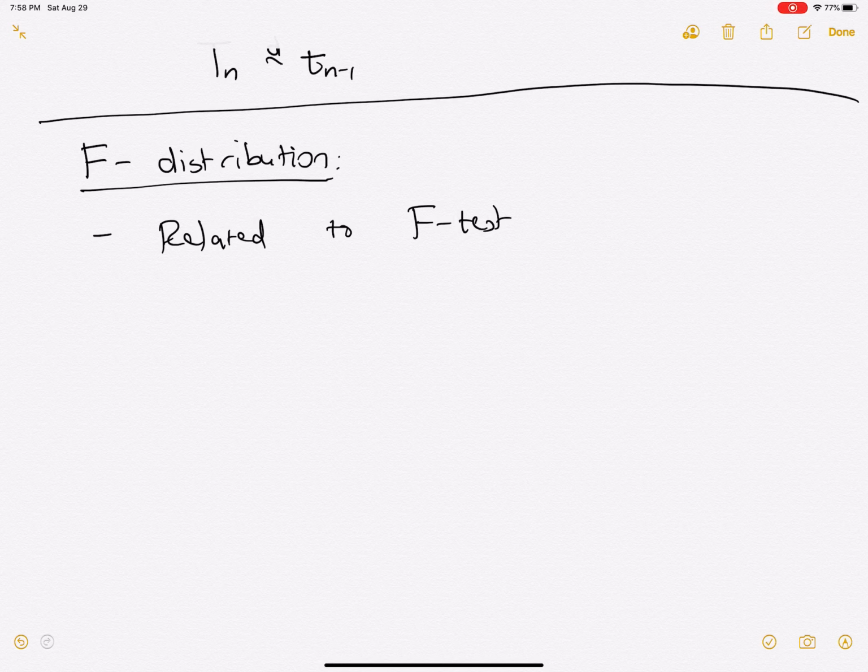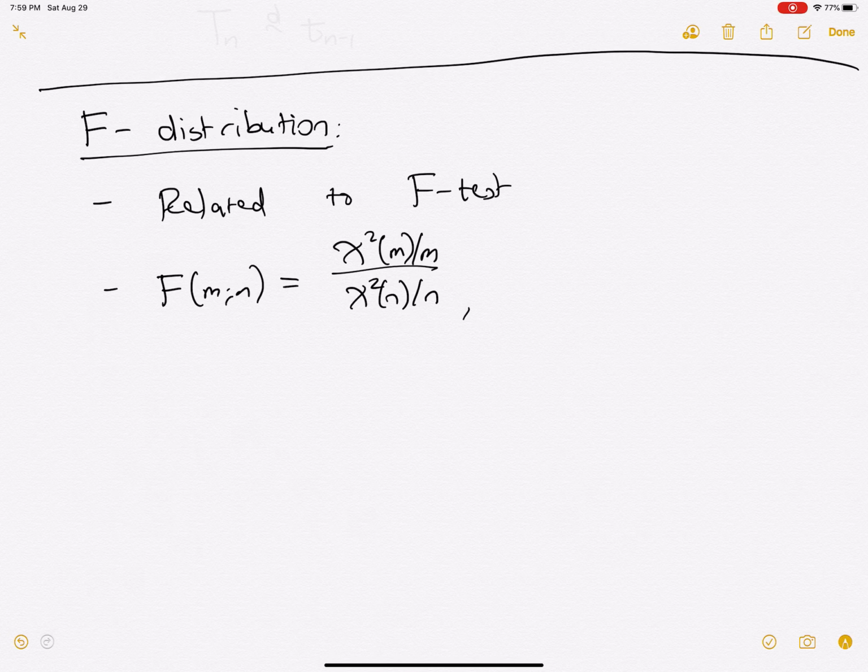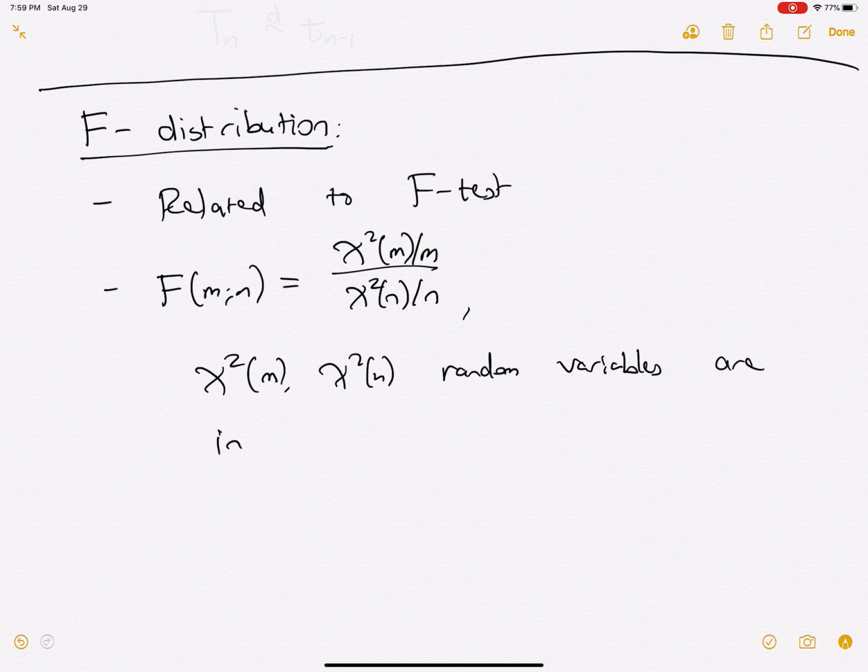Here we're going to have two parameters, or degrees of freedom. So we're going to define this random variable f of m over n, and we're once again assuming that these chi-squared of m and chi-squared of n random variables are independent.